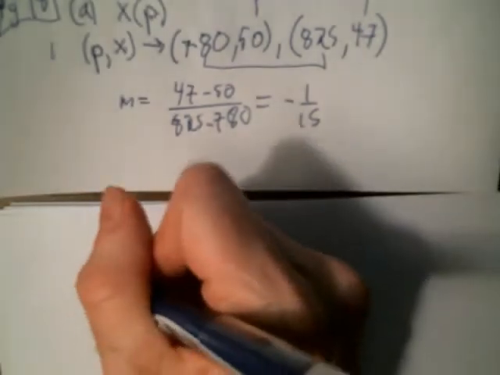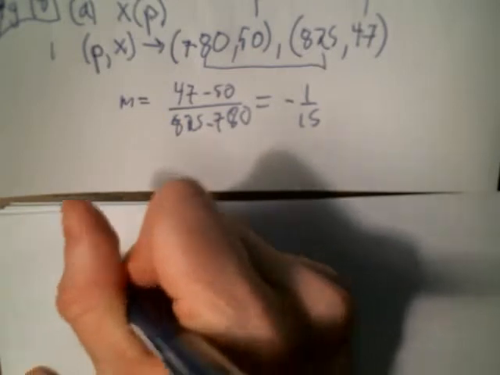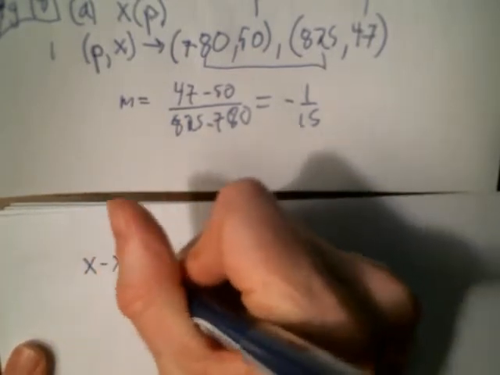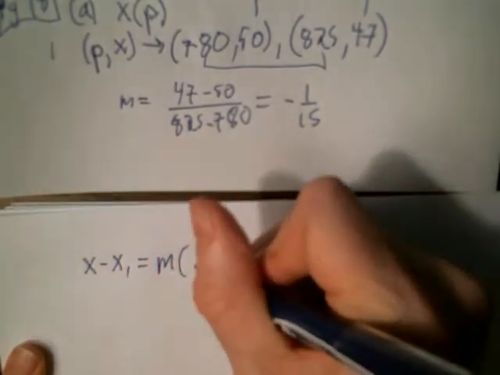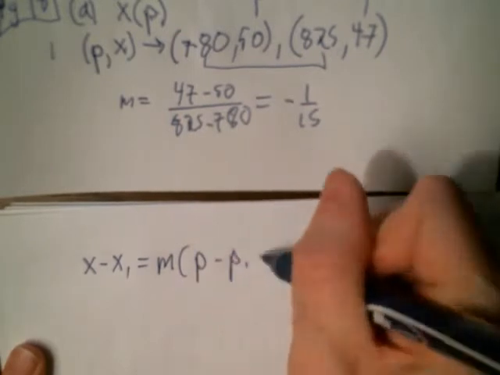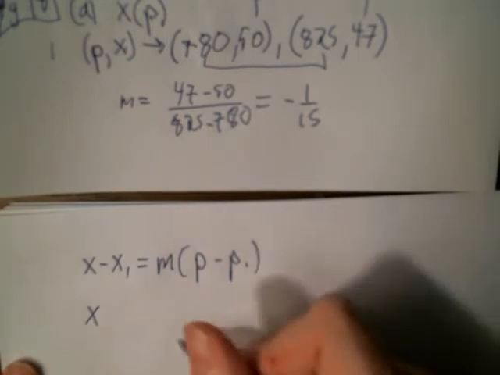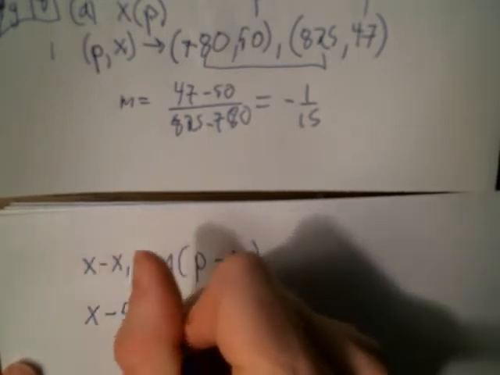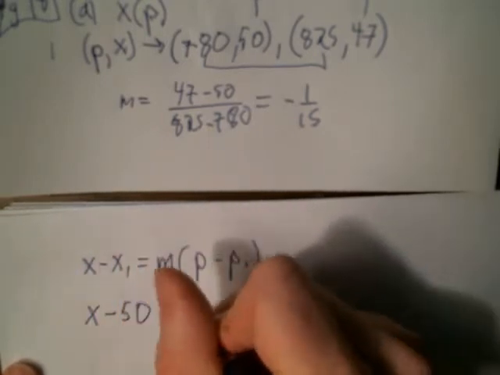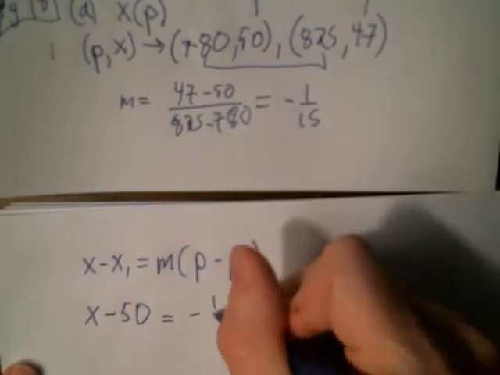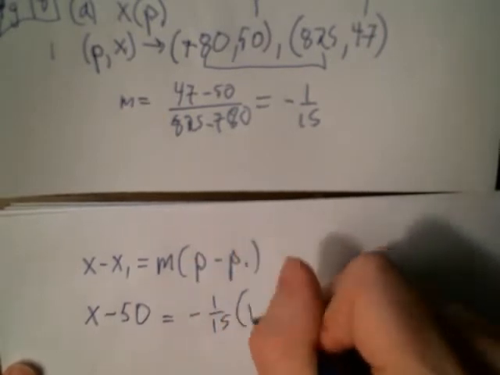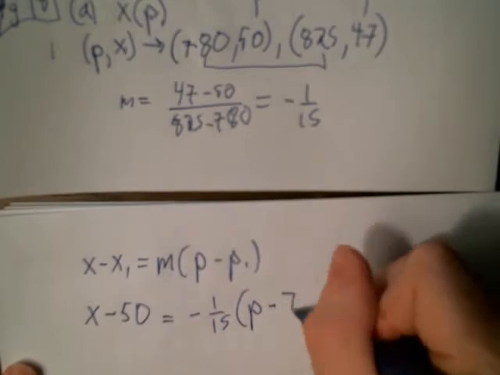So instead of y minus y1, I have x minus x1. It's a bit annoying, but there it is. And then p minus p1. Okay, so using the first ordered pair, I see, x minus 50 equals the slope, negative 1/15, times p minus 780.